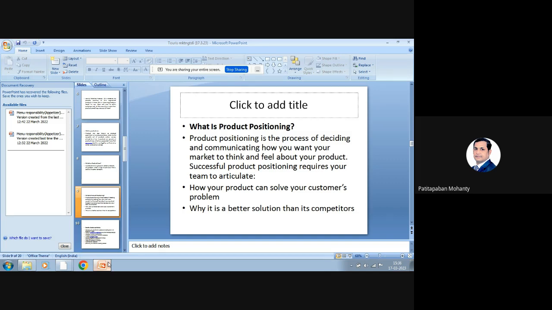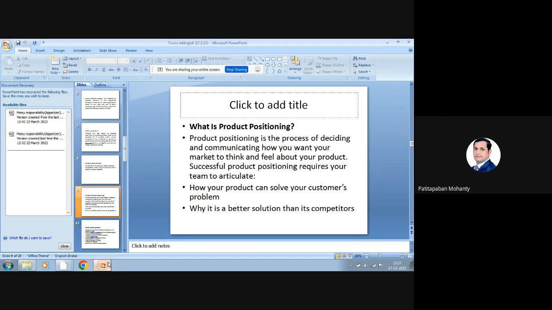Product positioning is the process of deciding and communicating how you want your market to think and feel about your product. Successful product positioning requires your team to articulate how your product can solve your customer's problem, and why it is a better solution than its competitors. Product positioning is nothing but how you create a psychological position in the minds of the consumers, and how it is unique from other competitors' products, so that people will remember your product.